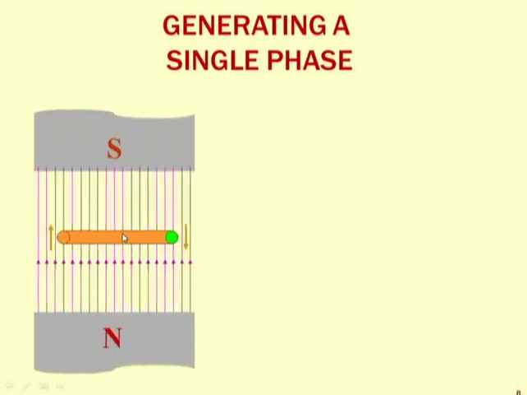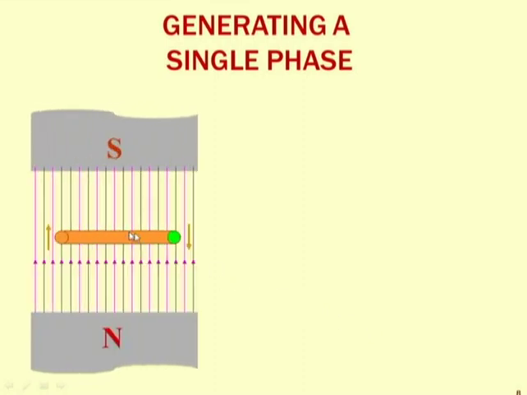Again in this case, now your conductor is horizontal, that is, now at 180 degrees. Even though the conductor is parallel to the flux, its motion is parallel to the flux line.